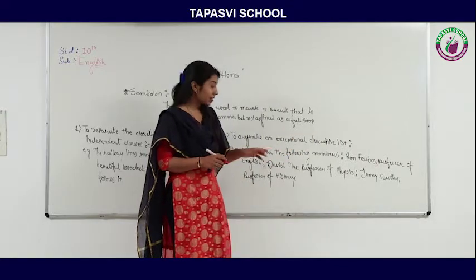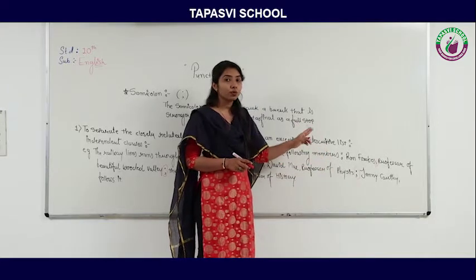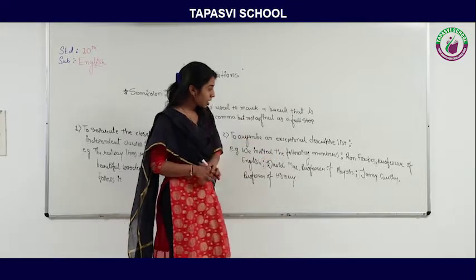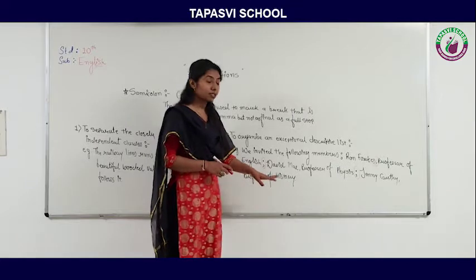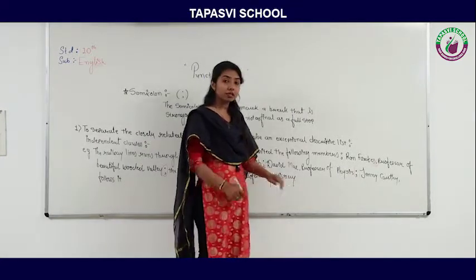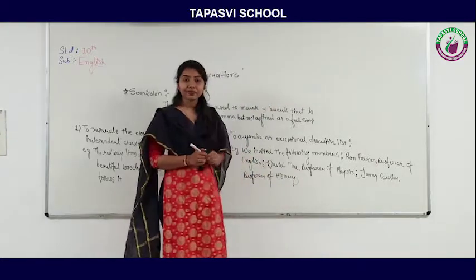So whenever we have any kind of descriptive list like this, at that time we have to use a semicolon. And last we have Jenny Carthy, Professor of History. Here I can say my sentence is completed, so we have put a full stop here, right?